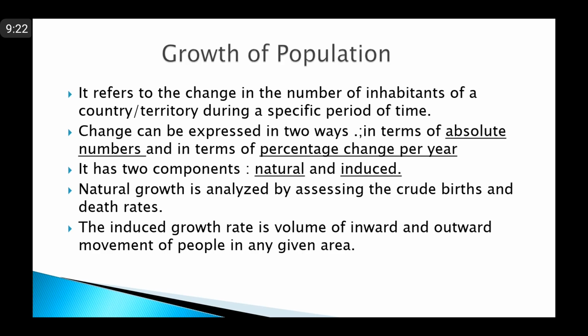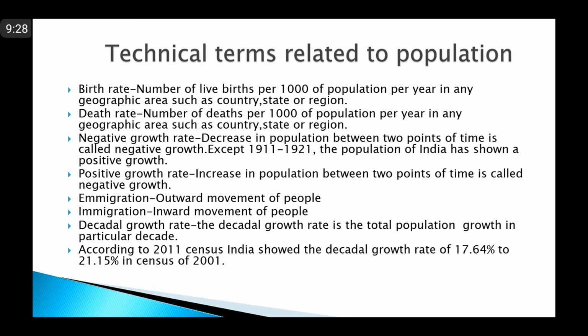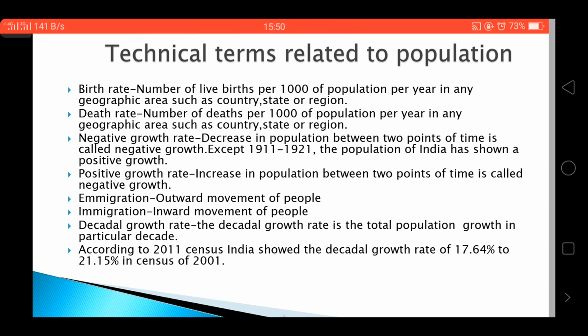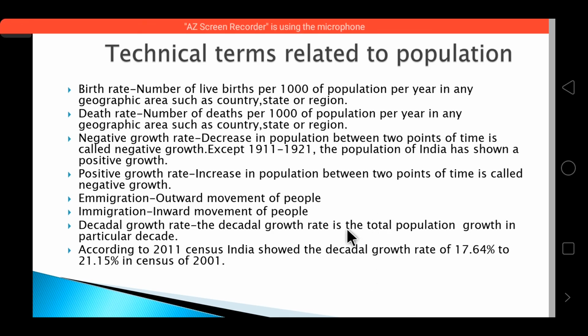Okay. Now, one important thing which I would like to tell you is about the absolute numbers. The absolute numbers added each year or a decade is the magnitude of increase. Just now I told you that it is expressed in two ways, absolute and in terms of percentage.